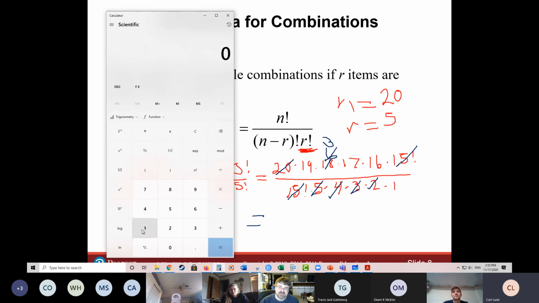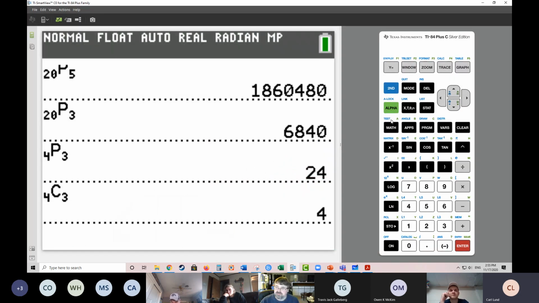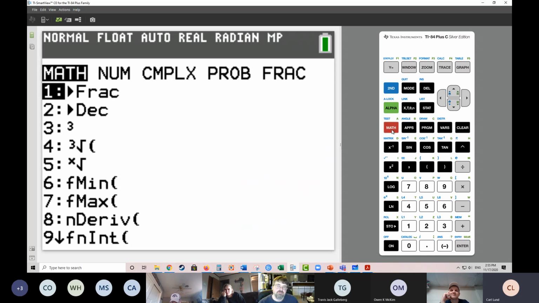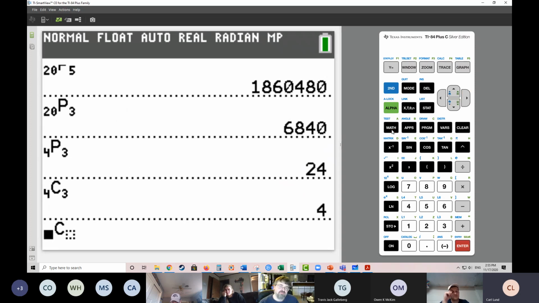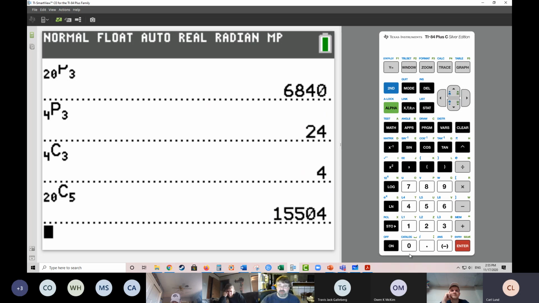Now I get a different answer. 19 times 3 times 17. Well, let's check. Maybe I did do it right, or maybe I made a horrible mistake. So we'll check here. 20 books, I'm bringing 5 on vacation. No, my bad. That was right. 15,504.